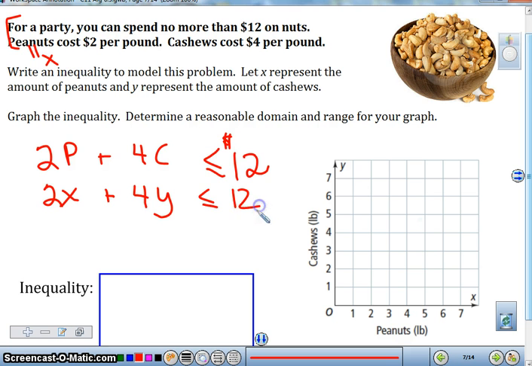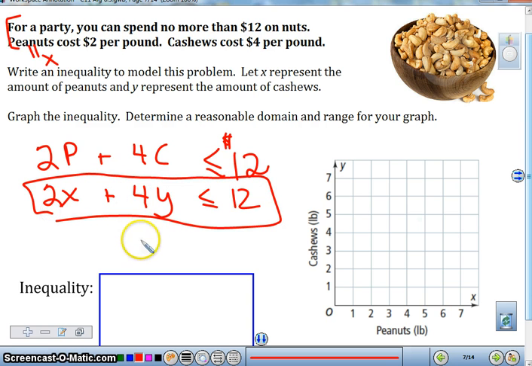When you're thinking about this graph, you might want to think, what are our intercepts right away? If we are looking at our intercepts, when x is 0, what is our y going to be? So 4y is less than or equal to 12, which means when we divide by 4, y is less than or equal to 3. So we have this point at 0, 3.